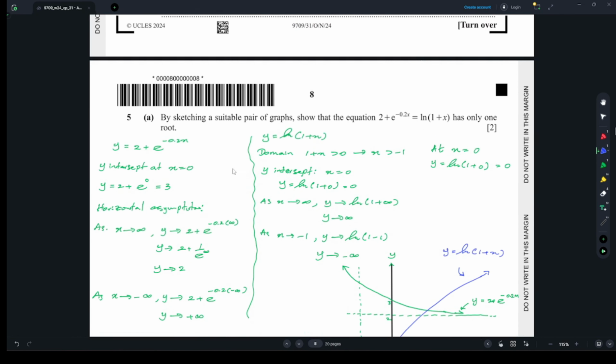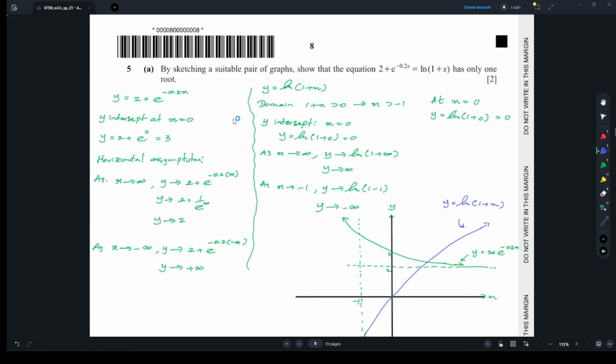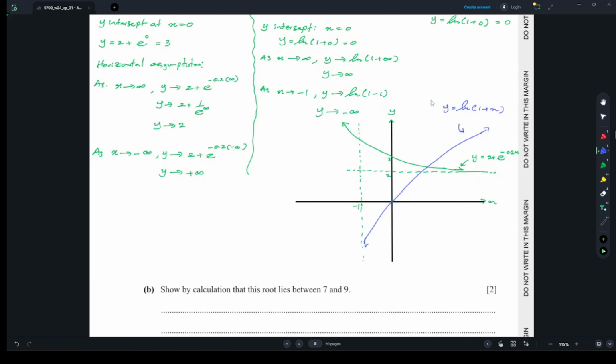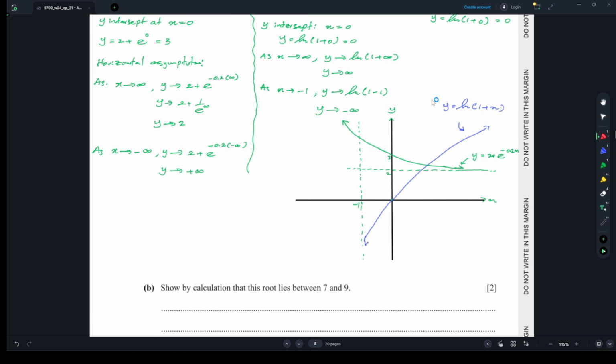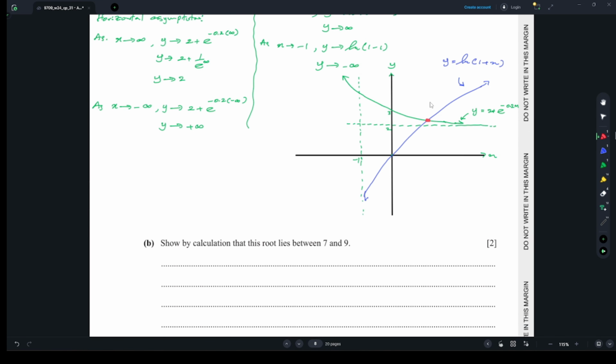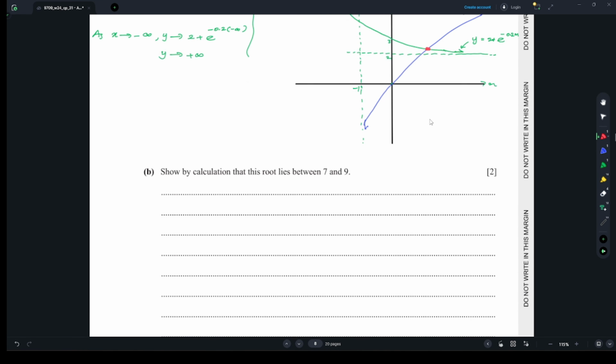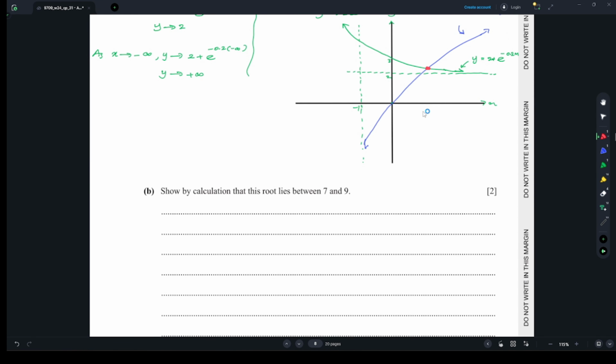And then by sketching this, we have to show that there's only one root. So in that case, as you can see, there is only one intersection, right? So you have to write it and explain the function. So I will write like this.